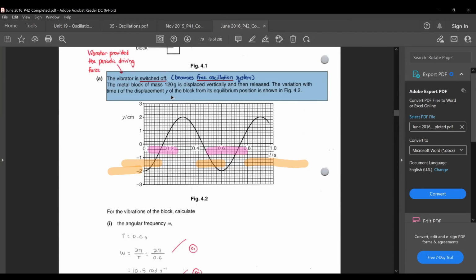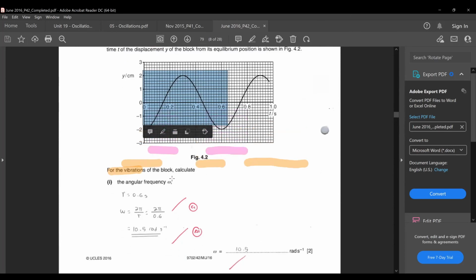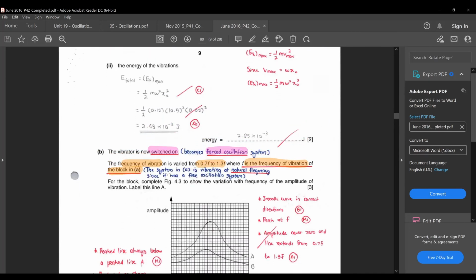It is vibrating freely, a free oscillation system. Your frequency then is your natural frequency. So the system in A was vibrating at its natural frequency because it was a free oscillation system.